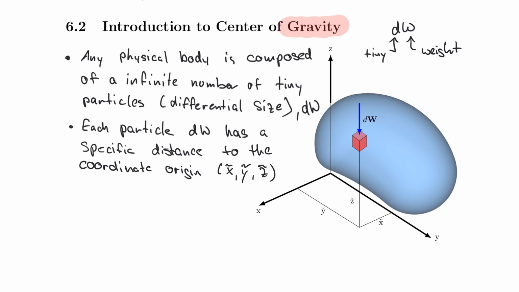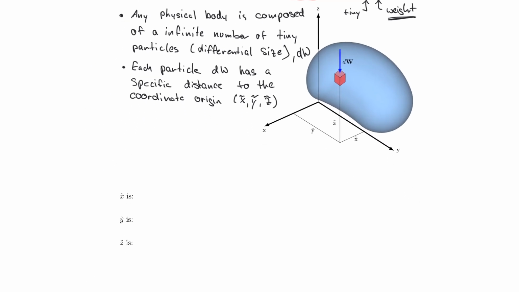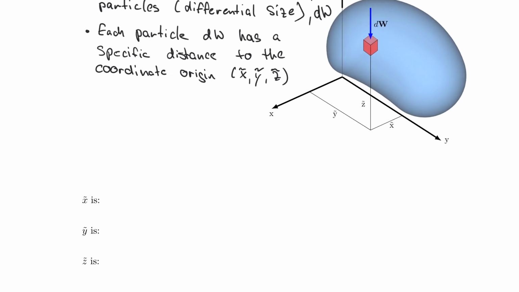One last thing, of course, I just want to emphasize again, is that each particle also has weight, right? So it's not weightless, it has weight, it's just super tiny in this case. And now we can pretty much complete our fill in the blank here on the bottom. So x tilde is the distance between the particle and the coordinate origin in the x direction.